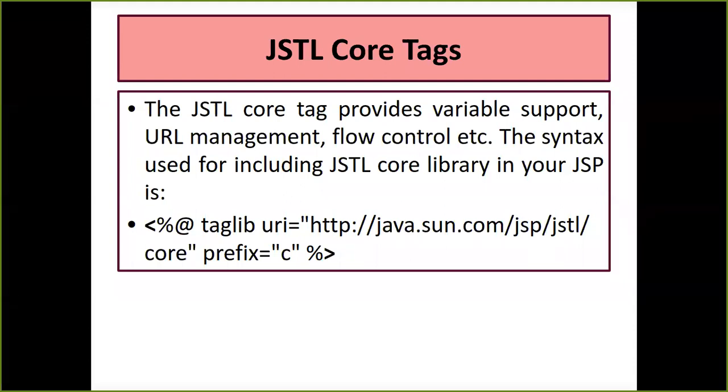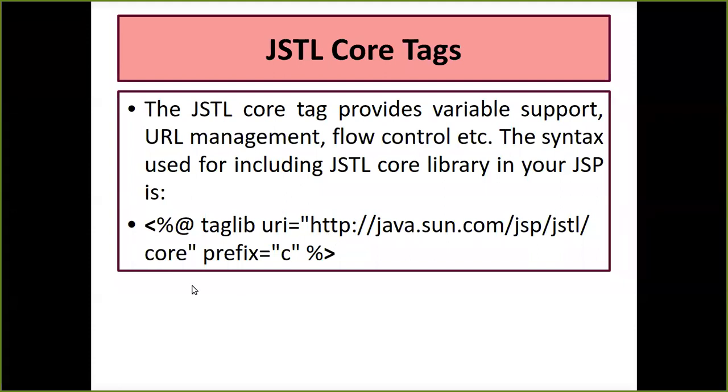So you need attributes. Similarly, in the last lecture I told you to make a notebook where you can write the scripting elements, the directive elements, and action elements, and the sub topics which we learned, and you can write the syntaxes of each and every type of element, and the attributes also, so you'll be able to remember.